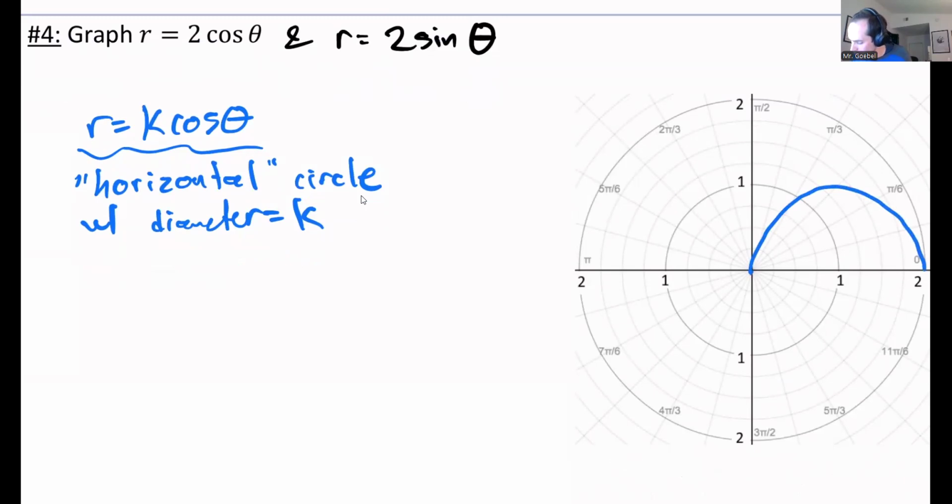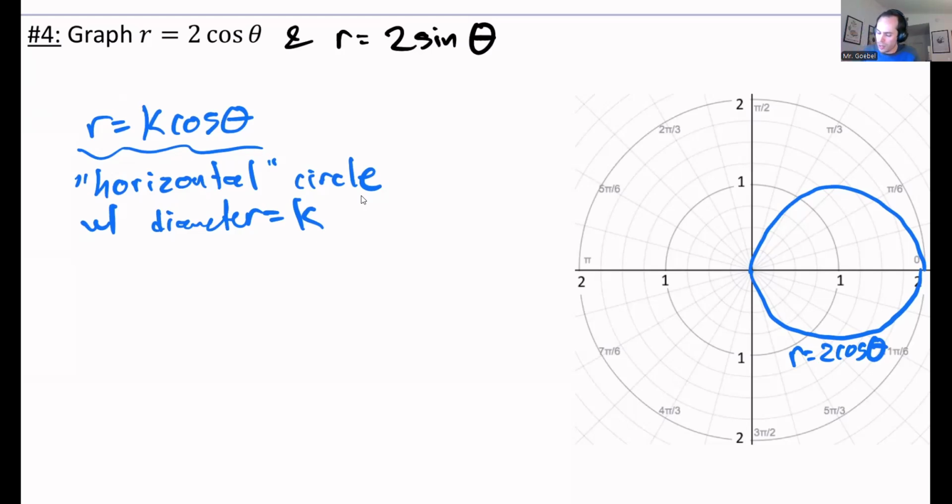So here is R equals 2 cosine theta. It's horizontal, on the x-axis, with a diameter equal to K.